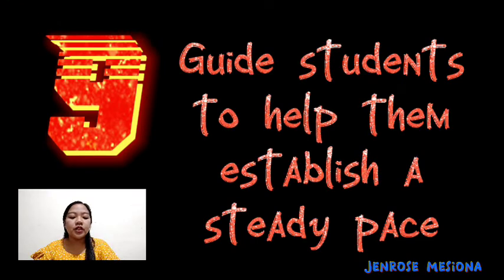Another strategy is to guide your students to help them establish a steady pace. One of the hallmarks of fluent reading is establishing a consistent rhythm and pace that guides students through a text. So this doesn't need to be fast, and in the beginning, new readers should have the option to start slow and increase their pace as they become more comfortable.